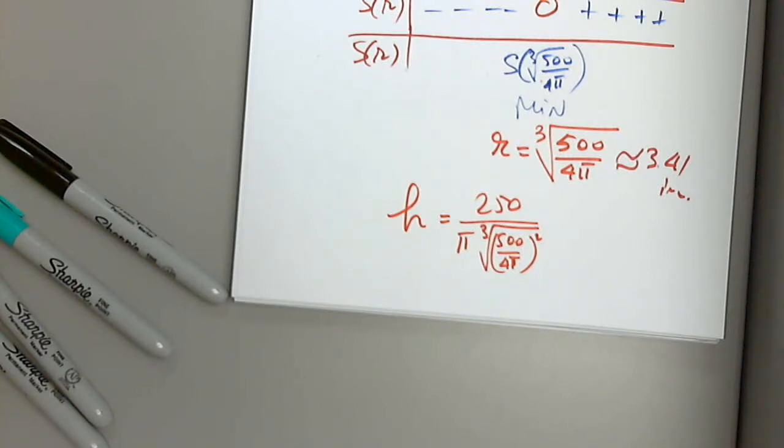I don't want to put that in again because that's what we have. So we do have everything but squared in the denominator. So I tell the calculator to divide 250 by pi and by this number, whatever that is. I'm not going to truncate that. So what are we doing right now? Finding the height and the radius that give the minimum surface area.